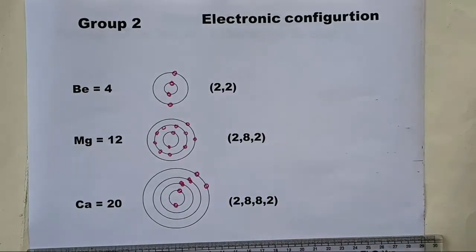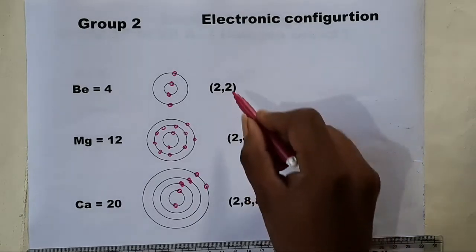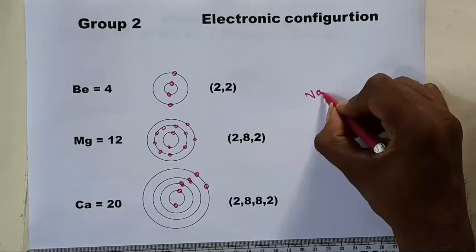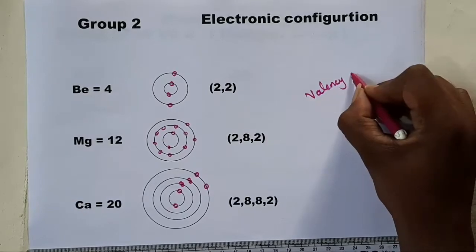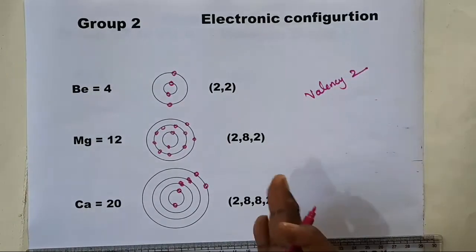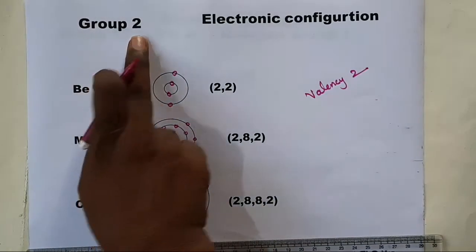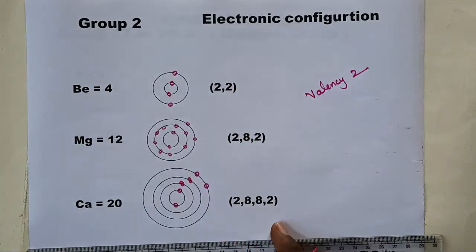What do you observe common here? You observe that the outermost shell has 2. That means the valency here is also 2. What is common in group 2 is that the outermost shells have 2 electrons.